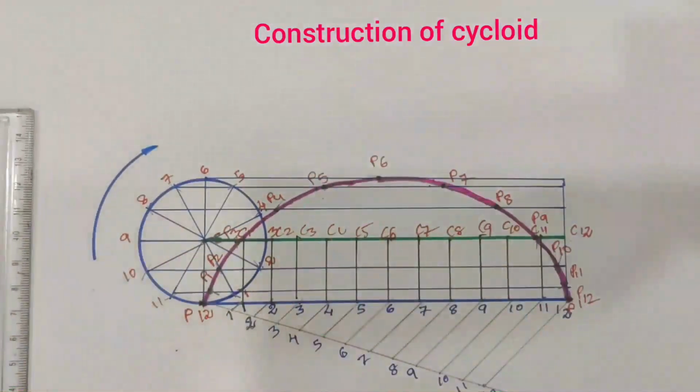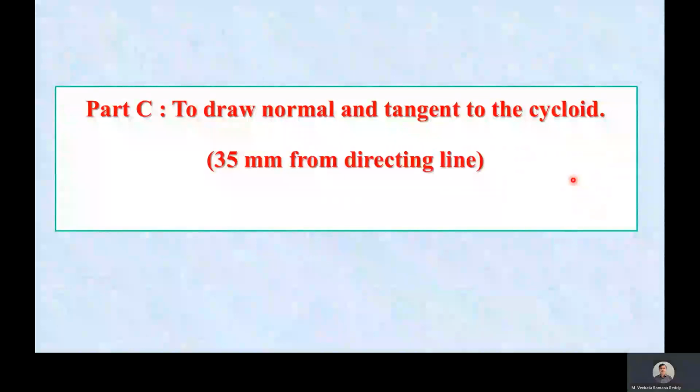Just now we completed drawing cycloidal curve. Now we'll draw normal and tangent to the cycloid at a distance 35 mm from the directing line.